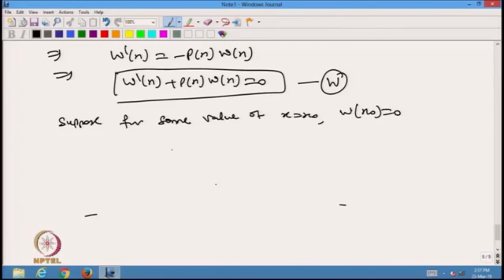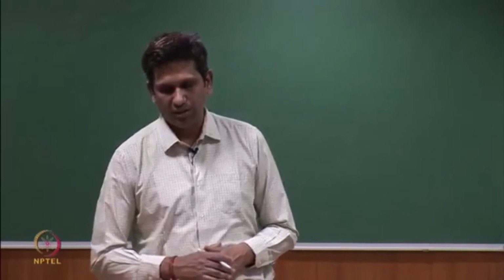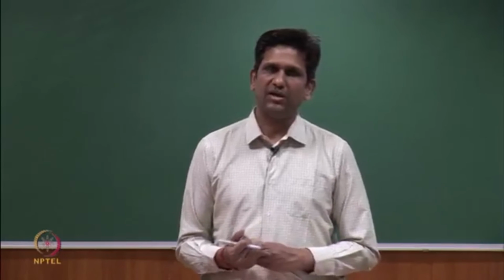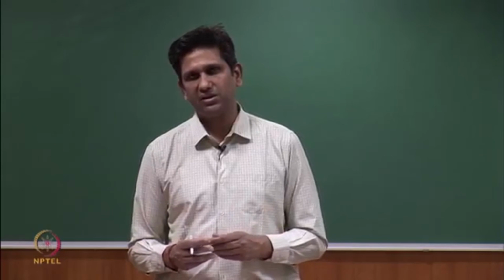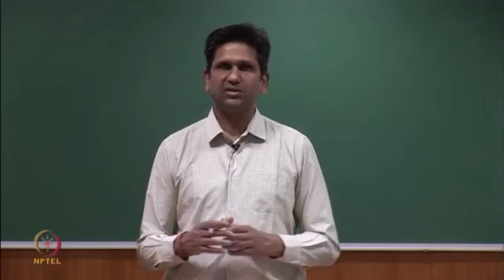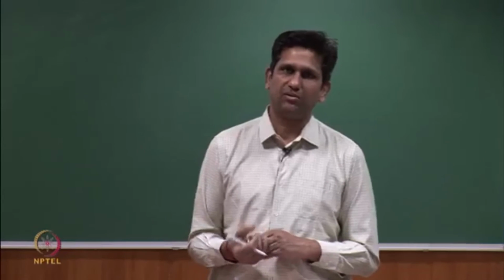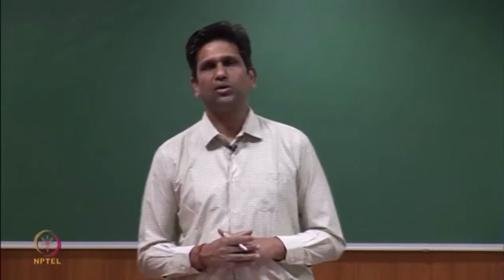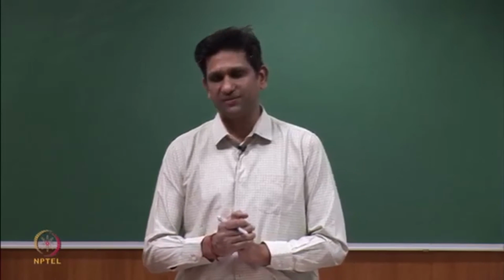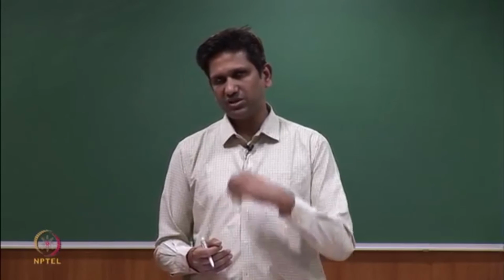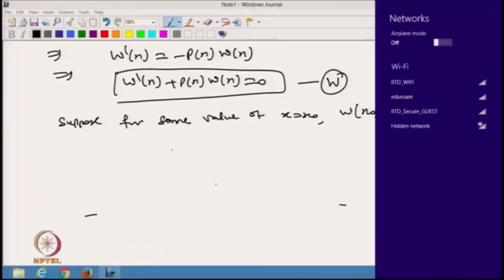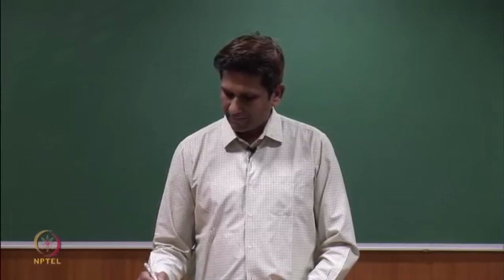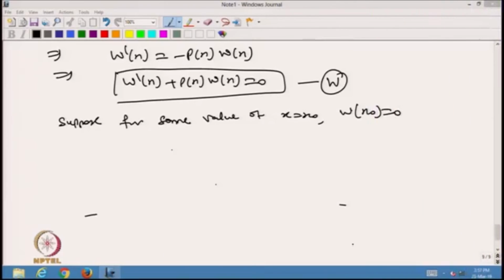Whenever we find the determinant with so many functions, the determinant is a combination of the functions, and from there we are unable to say whether it is going to be 0 or non-zero for all values of x. So what we do is we put some value of x there. I put the value x naught, and after putting this value I found that my Wronskian is 0. So what will happen in that case?